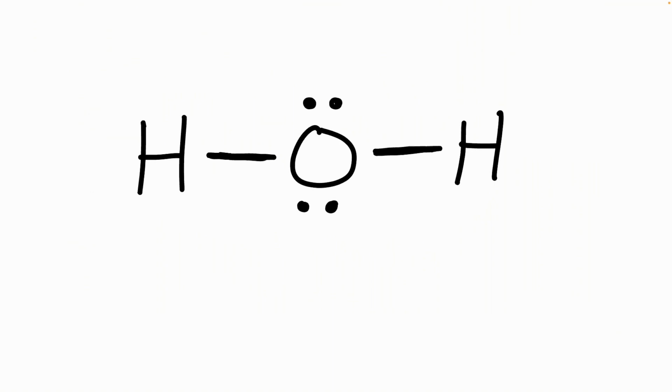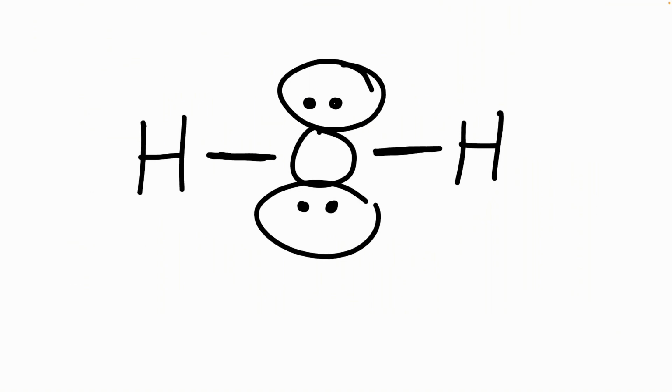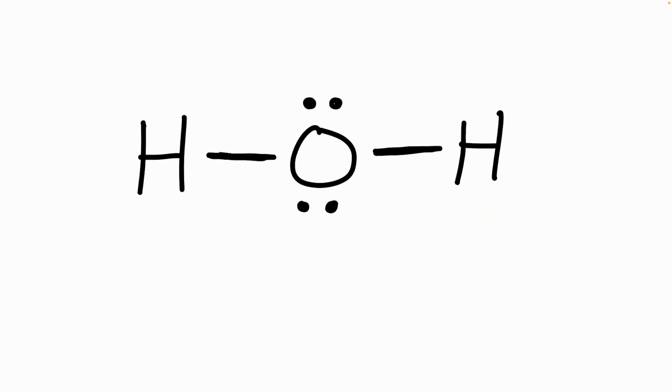And then there are these dots on that oxygen atom as well. This is what's called a Lewis structure. Again, you have no idea how I got this. We're going to pick this apart and make sure that we understand what's going on here.